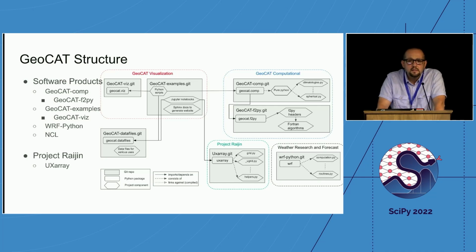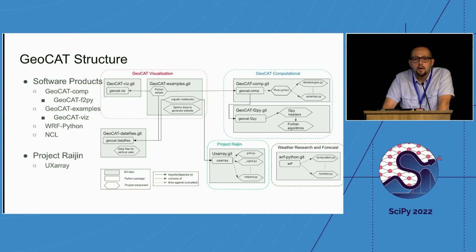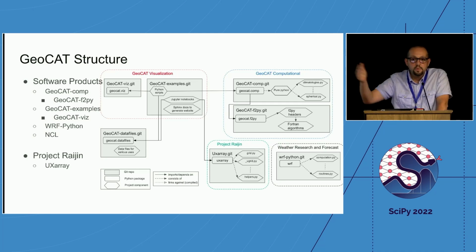It is still needed, at least for now, because many scientists from NCAR or outside NCAR still have some compiled-language code or workflows, and they want to transfer them quickly to the GeoCAT stack. So it is still there to wrap that type of work, but our primary computational component is GeoCAT-comp, so it is highly encouraged to use GeoCAT-comp directly instead of playing with GeoCAT-f2py, even though it is still a standalone software tool.